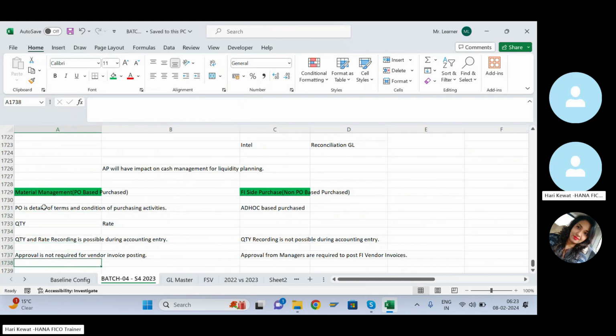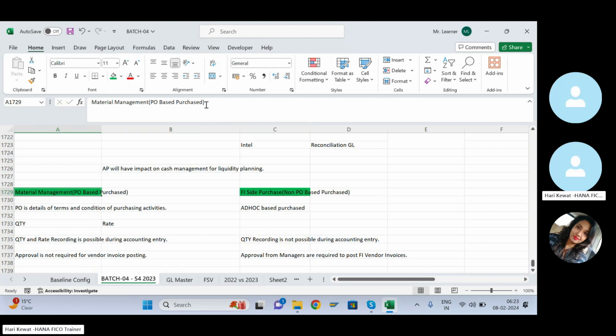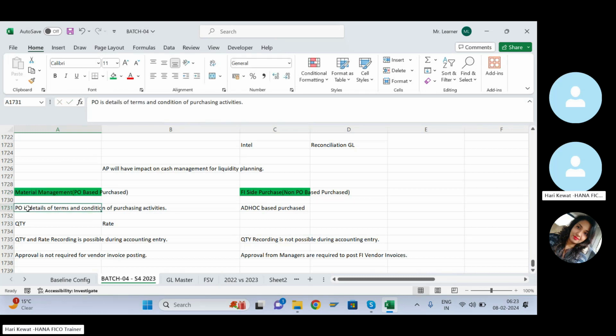So these are the basic purchases you have in SAP. One purchase you have from the FI side, that is known as non-PO based purchases. Another you have from the MM side, that is known as PO based purchases. Just remember that in PO based purchases, your company people and the vendor have already discussed everything and created the PO.